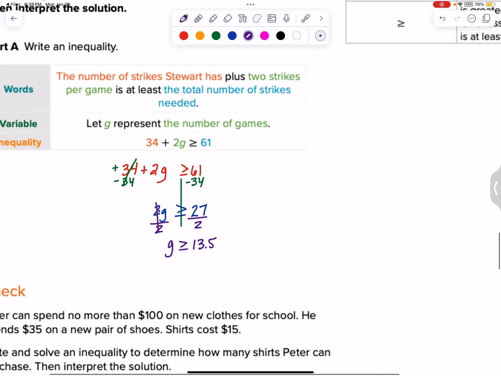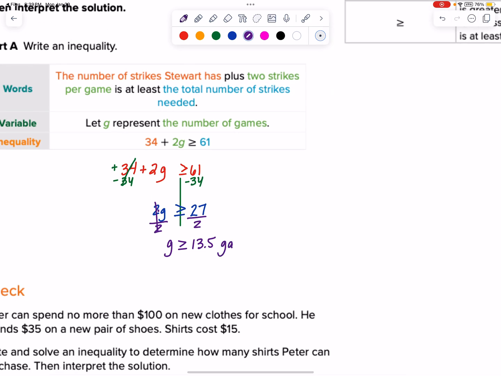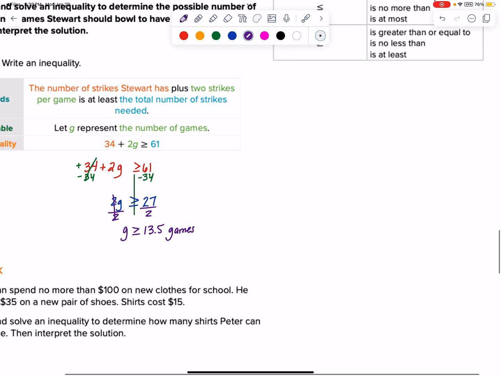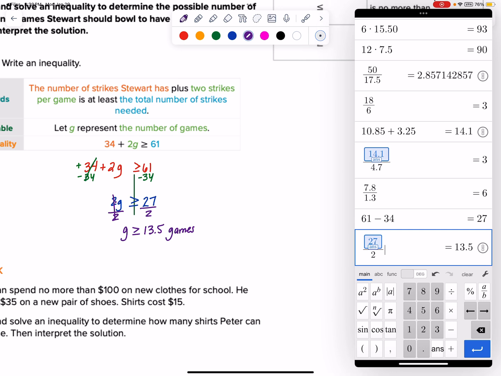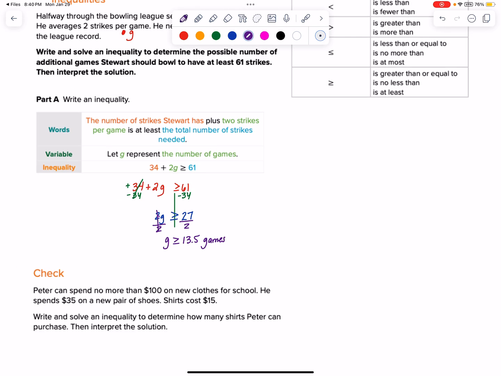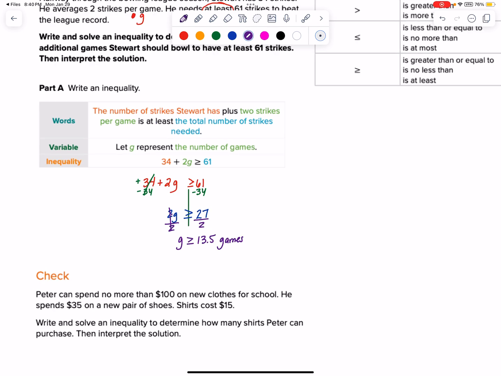So this is games. I just wanted to make sure that 61 minus 34 is 27. Yeah, it's 27. It's just weird that it's 13 and a half games, but it's at least, so whatever. Let's go ahead and answer the question.